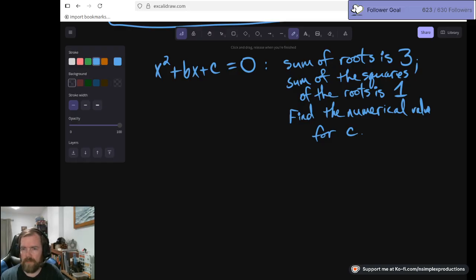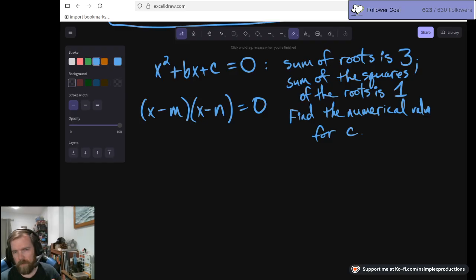Okay, so the sum of the roots is equal to 3. We know that this is going to break into something that looks like x minus m times x minus n equals 0. We know this because, like we talked about before, this is monic, so we have a 1 for our a value, and therefore we have 1x times 1x.